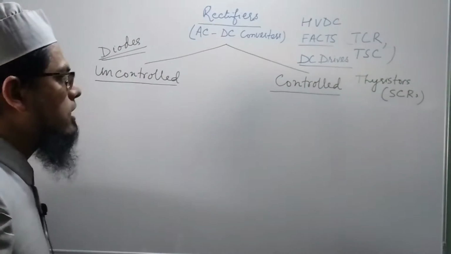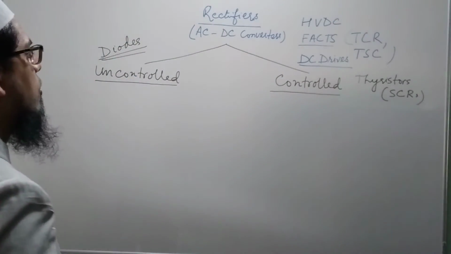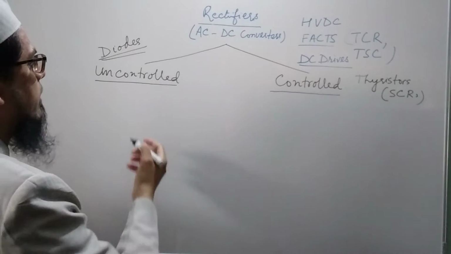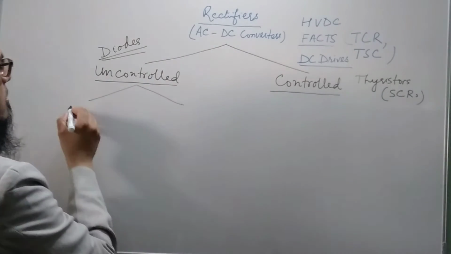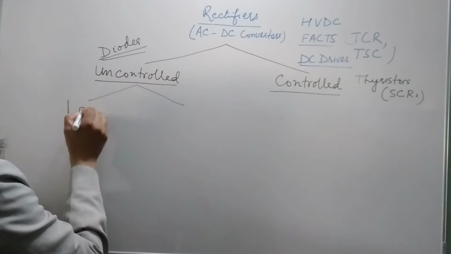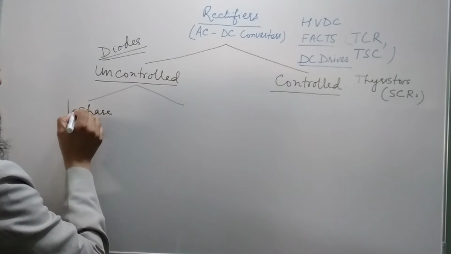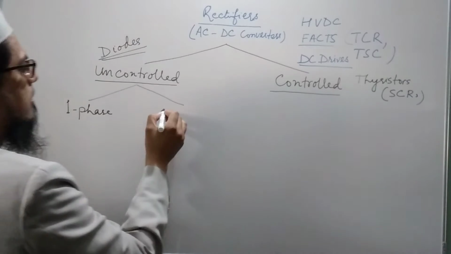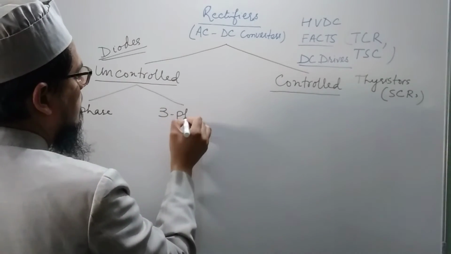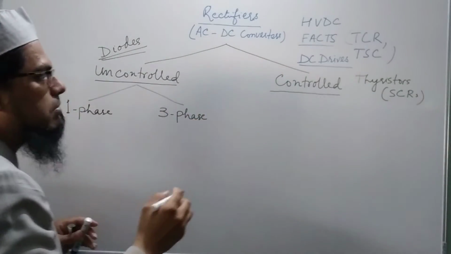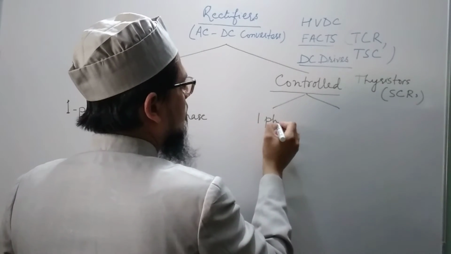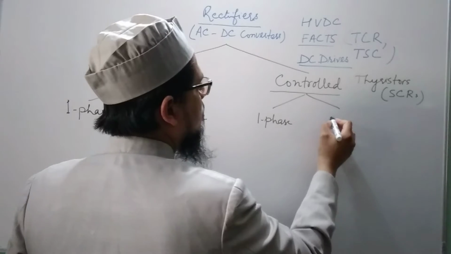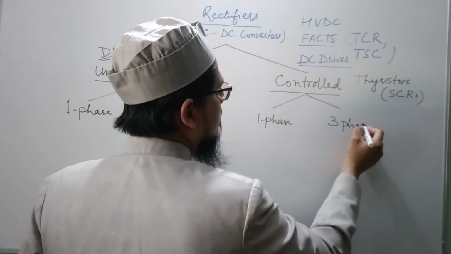Okay, let's see further classification of the two types of rectifiers. So uncontrolled rectifier again can be classified into a single phase and three phase rectifier. Similarly, the controlled rectifier also can be classified as single phase and three phase rectifiers.